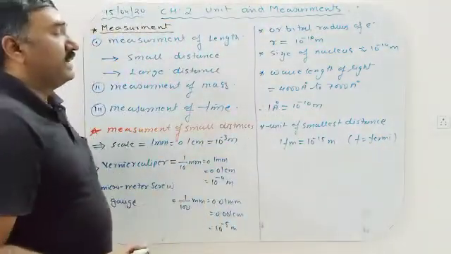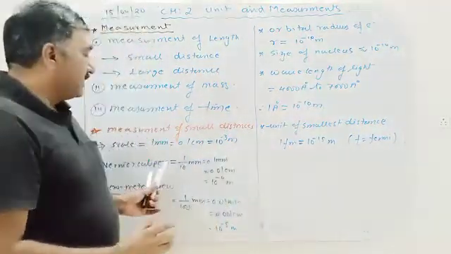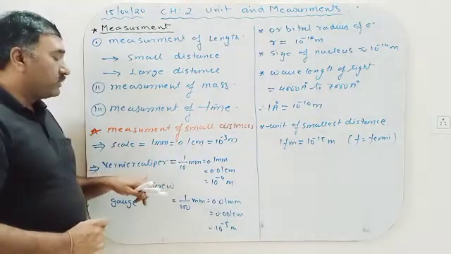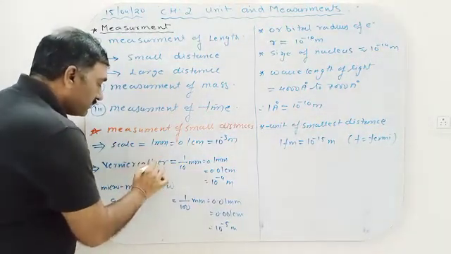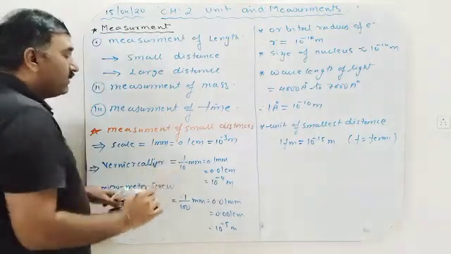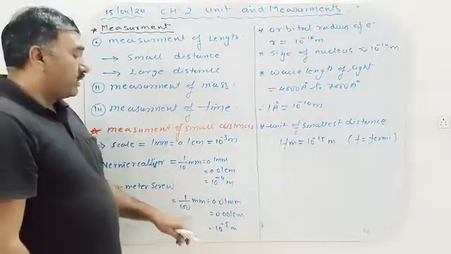So here we have the values of some very small measurements. With the help of a scale we can measure the smallest division up to 1 mm. Using a vernier caliper, 1 by 10 mm, and using a micrometer screw gauge 1 upon 100 mm.